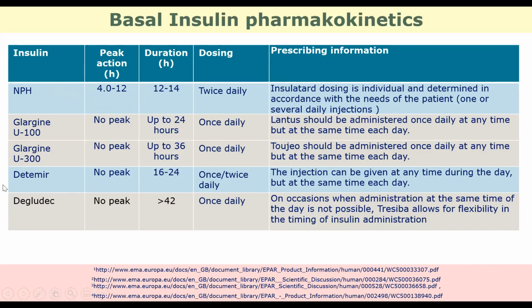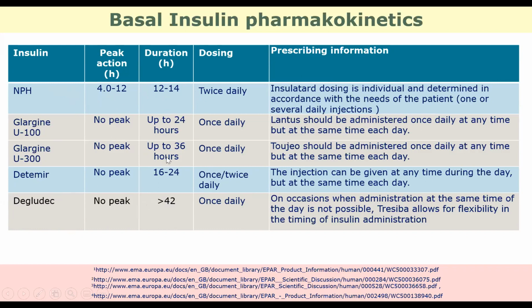But we have another very good insulin, degludec, which has a duration of action of 42 hours, once daily, and possibly has slightly less hypoglycemia even compared to glargine. But the issue is that it comes at a very, very premium price. So we have the cheapest variety with the maximum hypoglycemia.